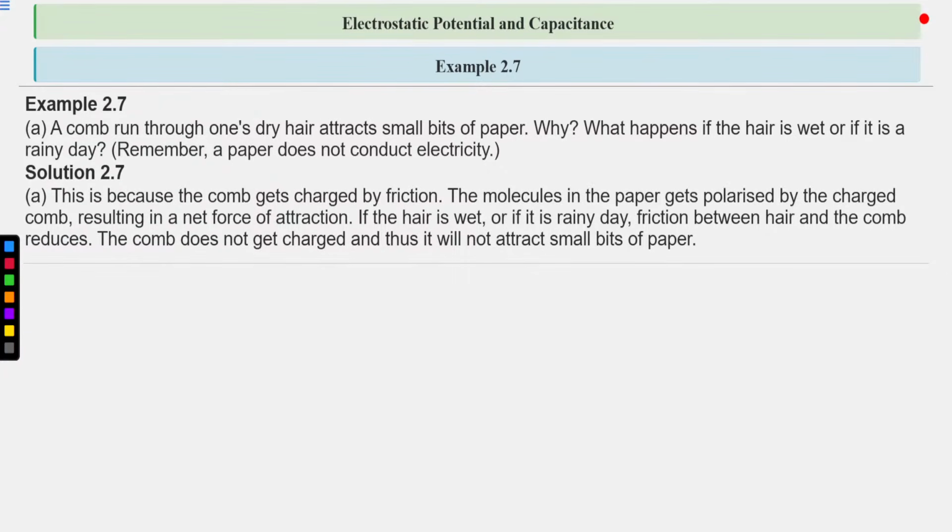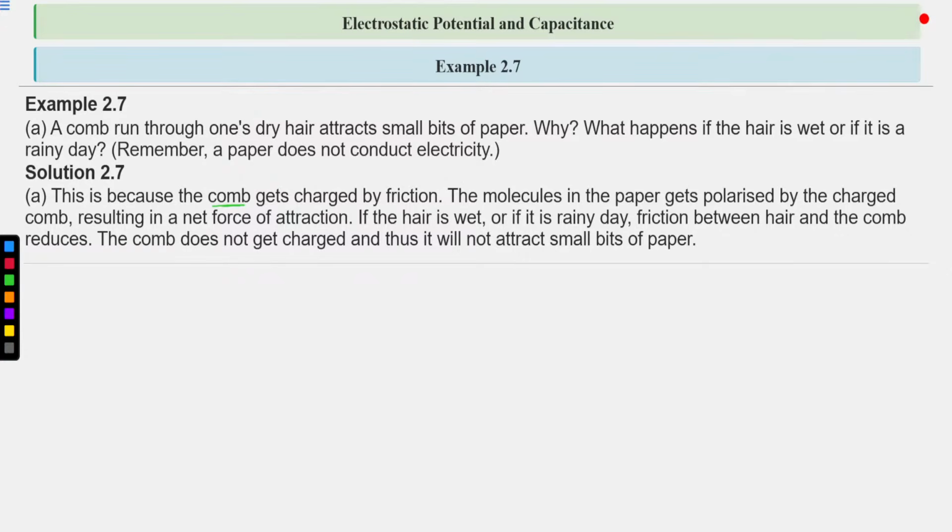So when we rub a scale or a comb in the dry hair, due to the friction between the scale and the dry hair, some charge appears on the scale. It depends upon whether the electrons are transferred from scale to hair or hair to scale.